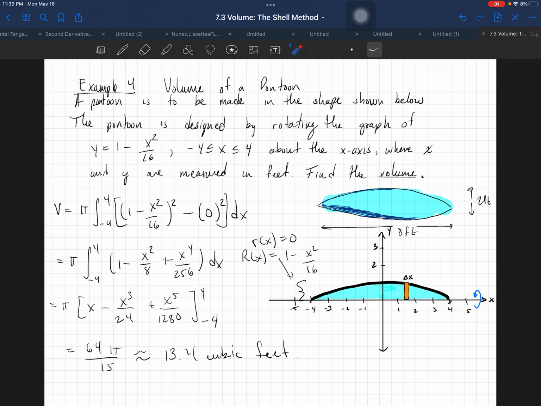Now let me argue how this would look if we were doing the shell method. In that case, we would have to make a respective rectangle like this, because remember, it has to be parallel to the axis of rotation. The problem is that when you're trying to figure out the height of this rectangle, you're using the same graph.